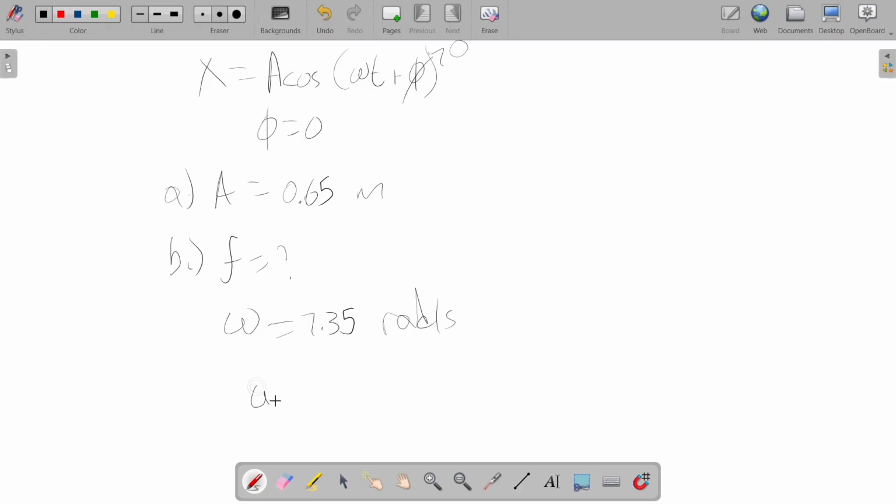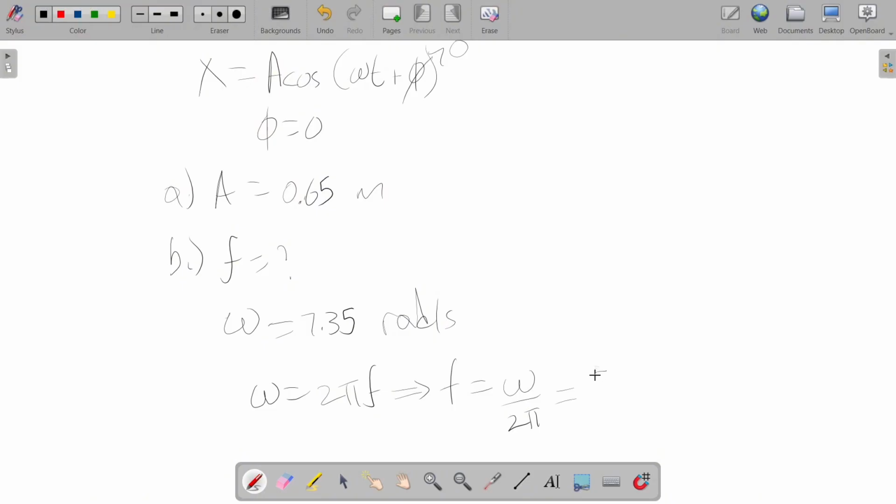We know that omega equals 2 pi f. So f is going to be omega over 2 pi, which is basically the same as 1 over T, because we said T is equal to 2 pi over omega.